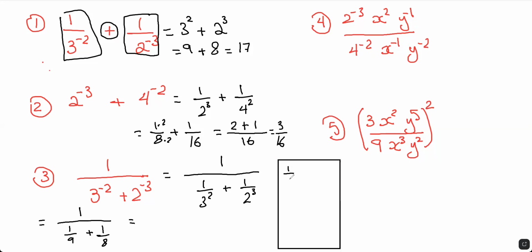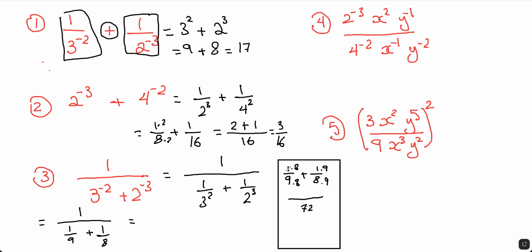So 1/9 plus 1/8. The common denominator here is 9 times 8, which is 72. Then you have to multiply this by 8 to make it 72. Whatever you do to the bottom, you do to the top. And you have to multiply this by 9 to make it 72. Whatever you do to the bottom, you do to the top.